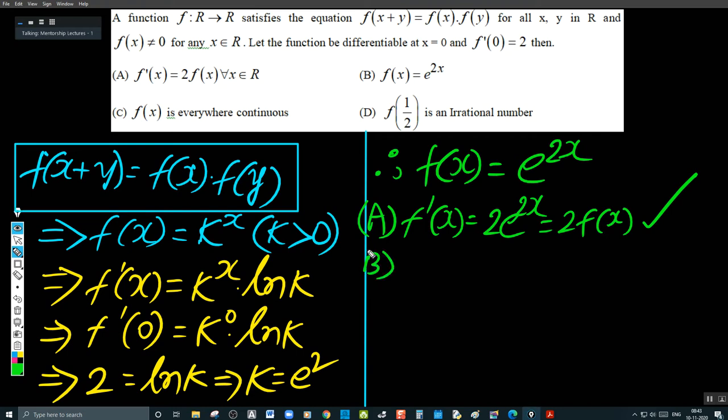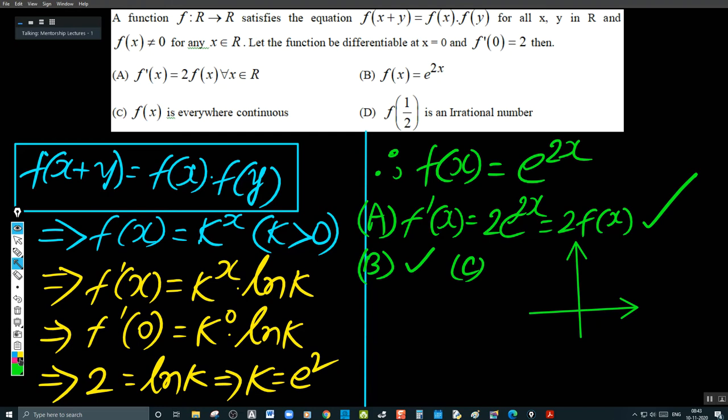B. That's also right because we derived it. Next, C. f of x is everywhere continuous. It's correct because it's an exponential function. If you want to see the graph of it, let me show it. This is x-axis and this is y-axis.